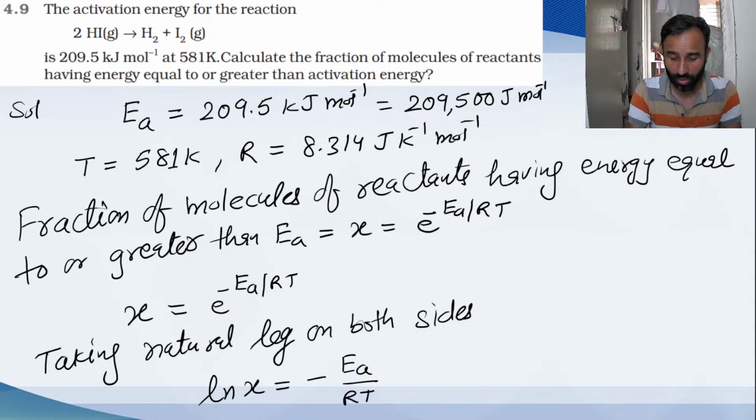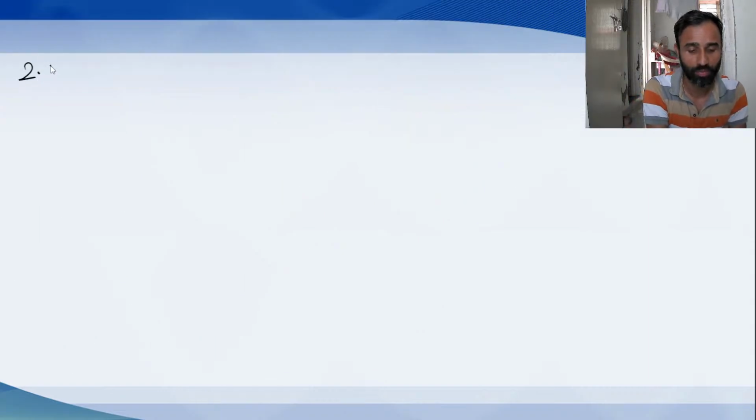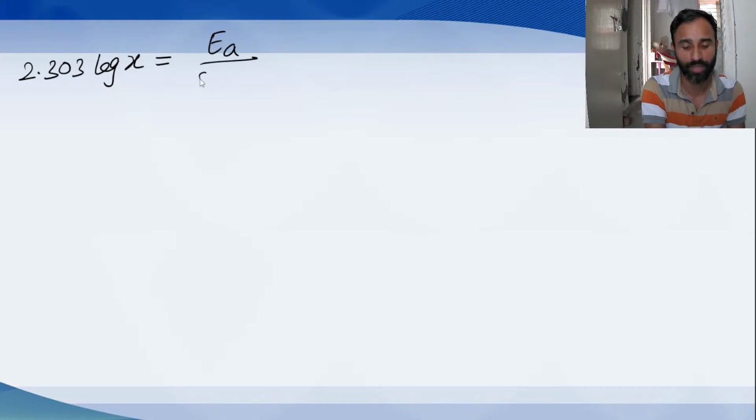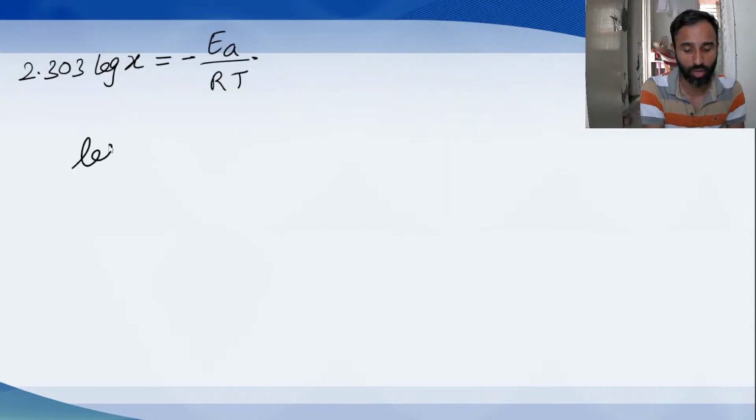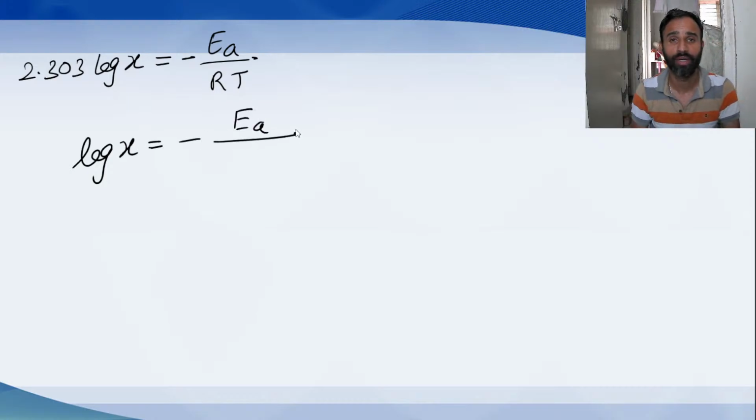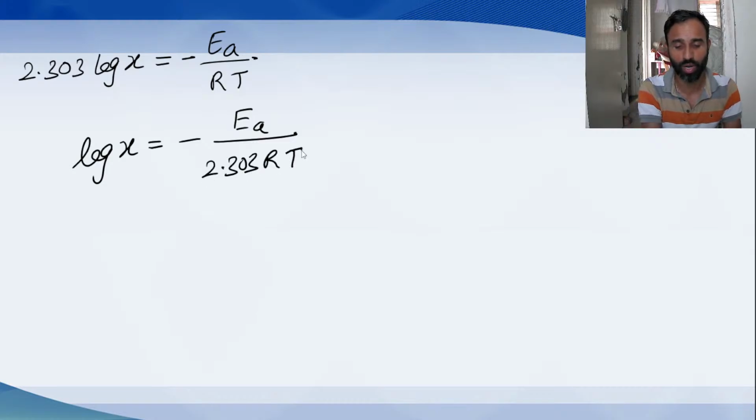Converting into common log, 2.303 into log X equals minus EA upon RT. So log of X equals minus EA divided by 2.303 into RT.